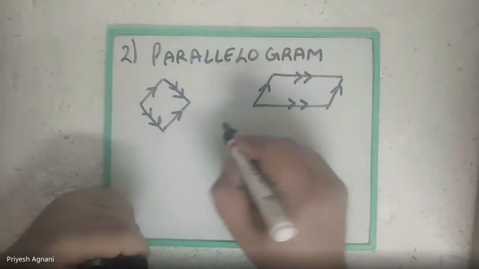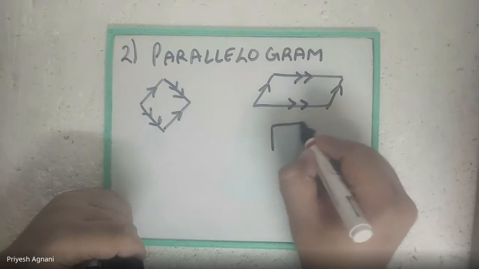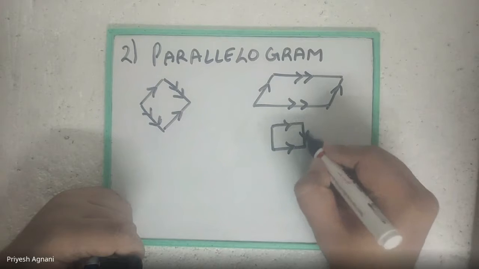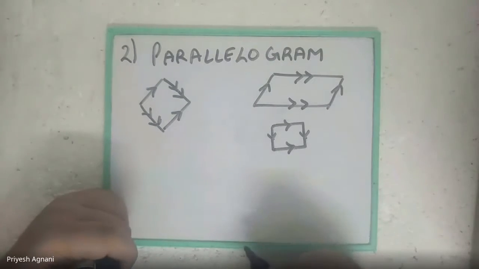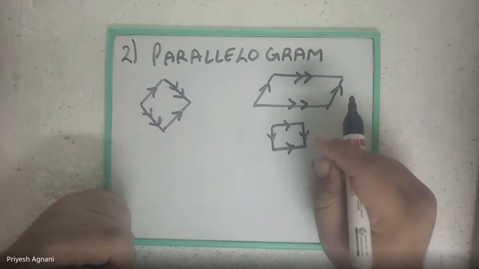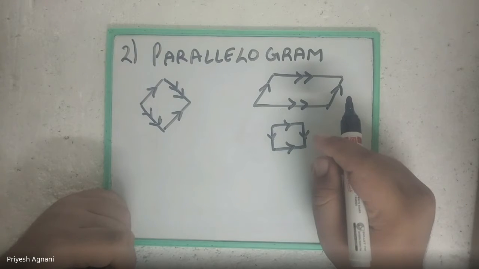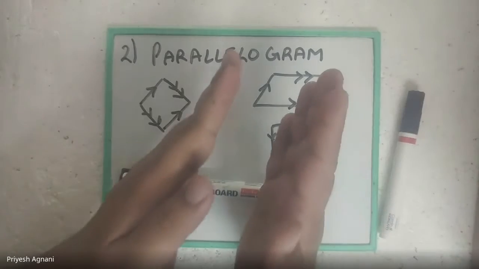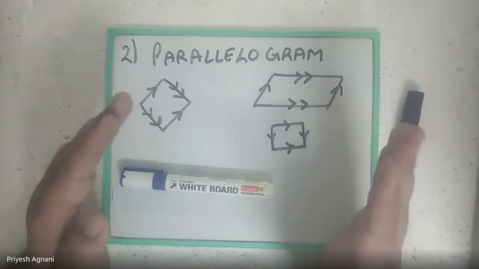For example, we can also draw a square. You know what is a square, right? This side is parallel to this side and this side is parallel to this side. So this arrow is the symbol for parallel lines. You know what are parallel lines? Parallel lines are those lines which never intersect each other.